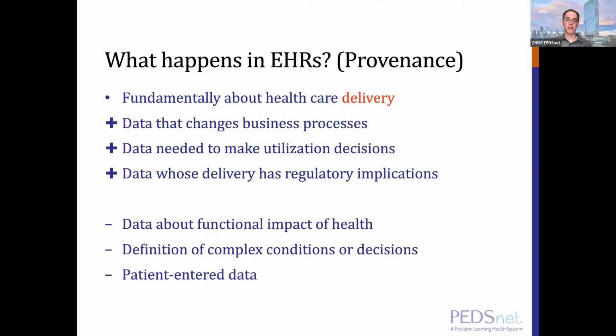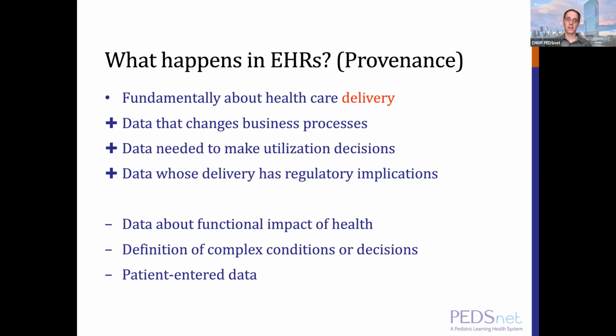They are better at collecting data that is needed to make utilization decisions. So if we're choosing to admit a patient or not to admit a patient, or when and whether to perform surgery, those data are collected more completely because we need to represent them in order to change the business process. And finally, EHRs are, relatively speaking, better about collecting data whose delivery, or whose collection really, has regulatory implications.